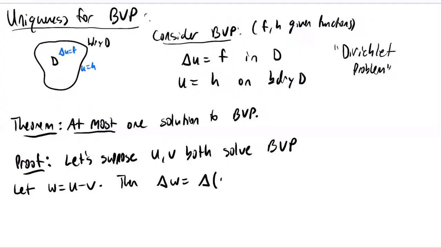This is the Laplacian of u minus v. It's linear, so this is the Laplacian of u minus the Laplacian of v. Both of these solve the boundary value problem, so this is f minus f. Of course, a function minus itself is always equal to 0. So w is harmonic.